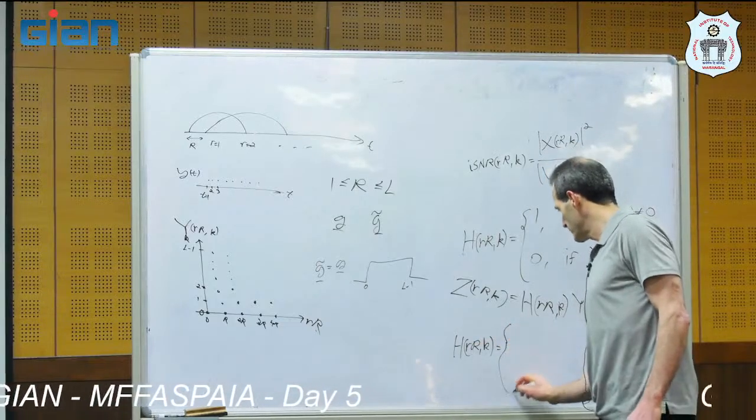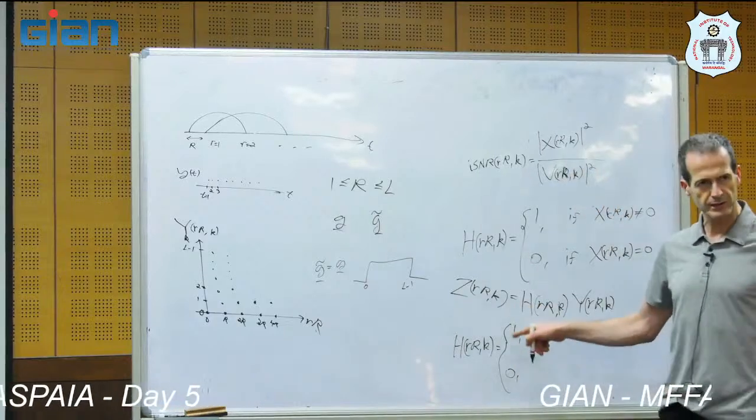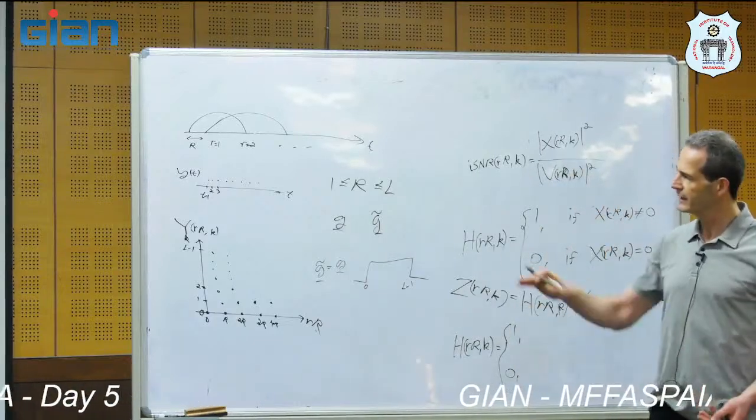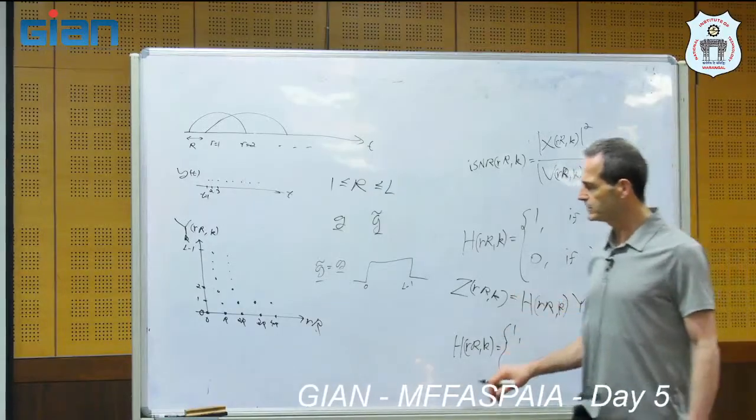So it's either 1 or 0. By the way, it doesn't have to be binary. We can take something like Wiener.